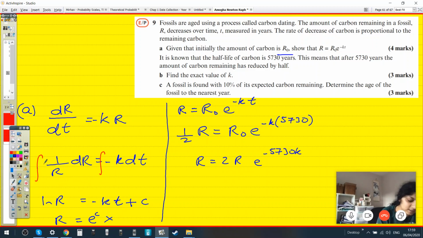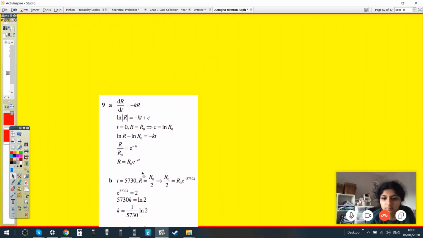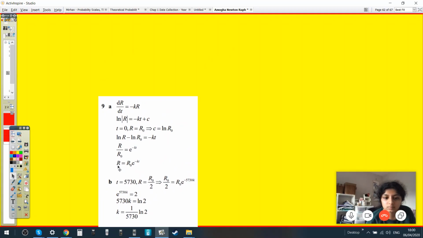1.21 times 10 to the minus 4, which looks wrong, but that's k. I can check. I was expecting something like ln something or other. I got ln half. I don't know why. So they did it like this.